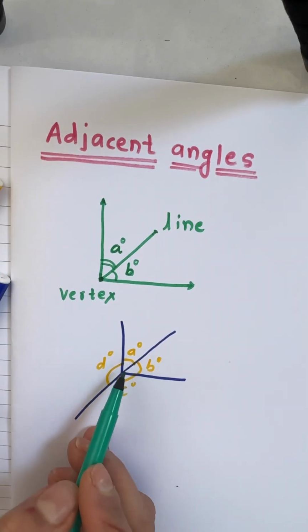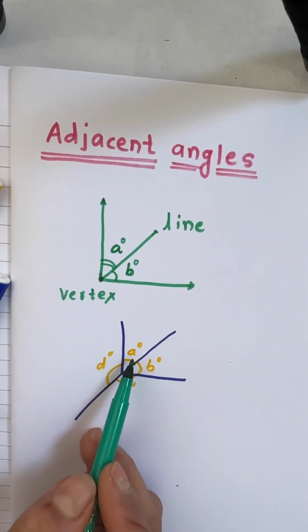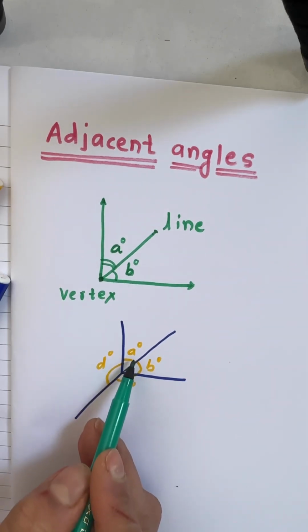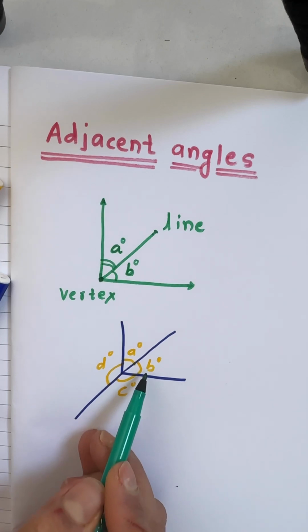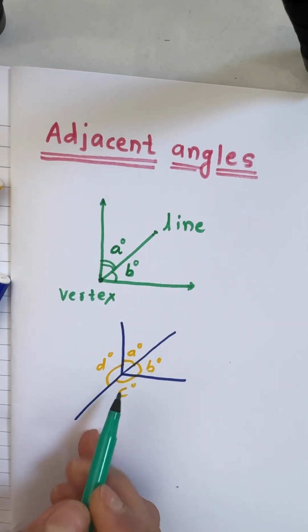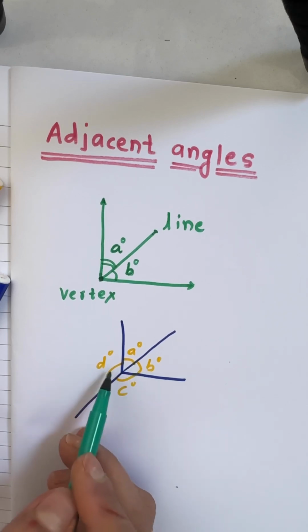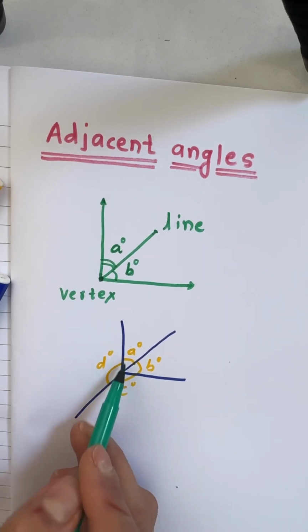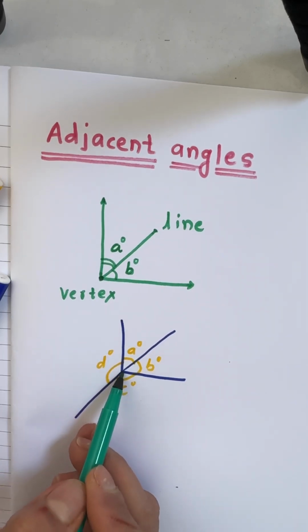In this diagram, there are some angles A, B, C and D. Here, angle A and angle C are both the adjacent angles to the angle B. Angle D and angle B, these both are not adjacent angles because these are not containing a common line; common vertex is common but line is not common.